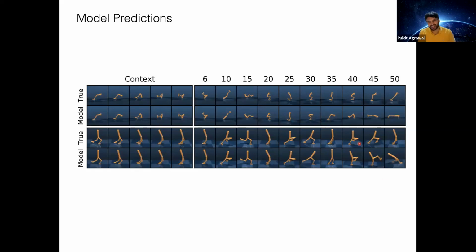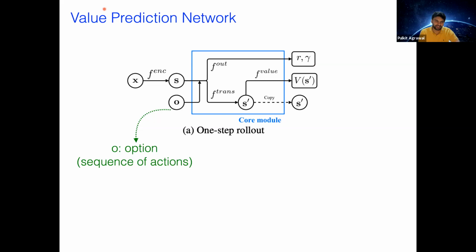In this broad space of ideas, another paper which is interesting is the value prediction network. It's quite similar to Dreamer. So we again have this image X as input, which we encode into a state. And now we are predicting the reward function. We are predicting the next state, but we are also predicting the value function, V of S prime.